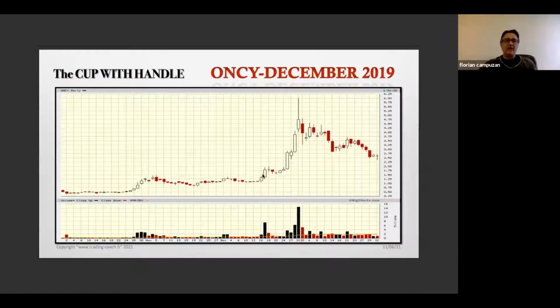The breakout here happens with big volume since the beginning of the base, and you see the stock rising in the same, maybe more, proportion as the first movement.